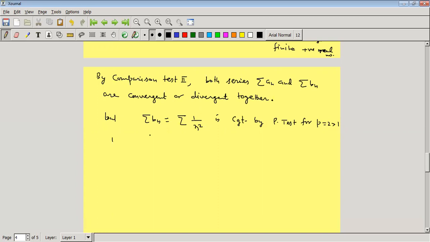So thus by comparison test, we can say summation An is also convergent. Hence the given series is convergent. So in this way we can solve problems related to the comparison test.